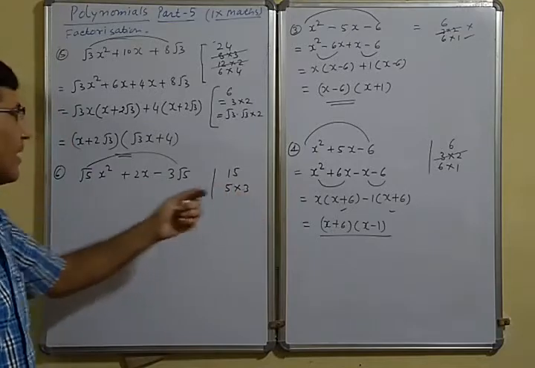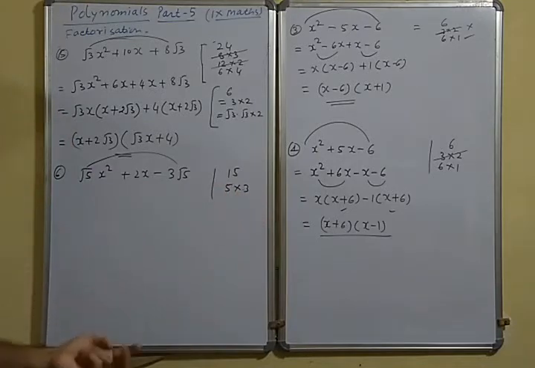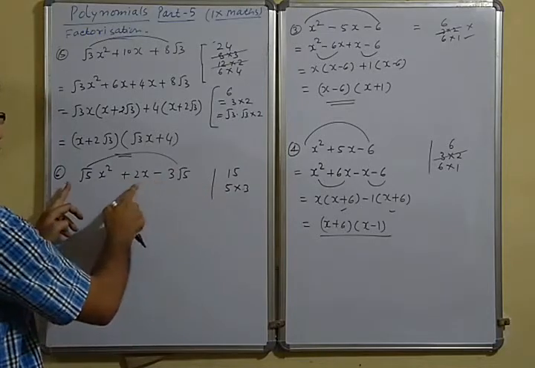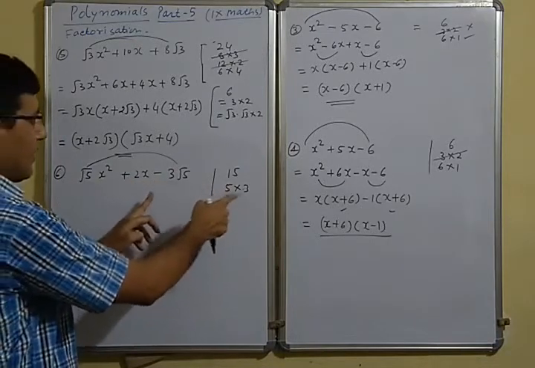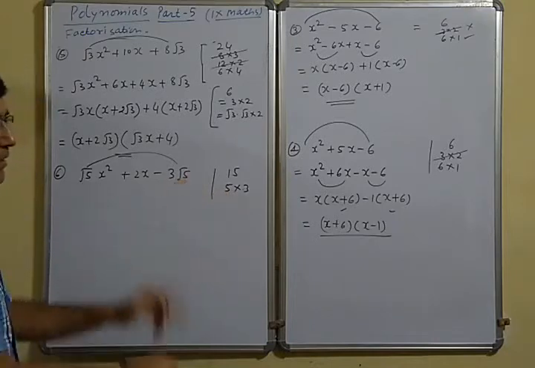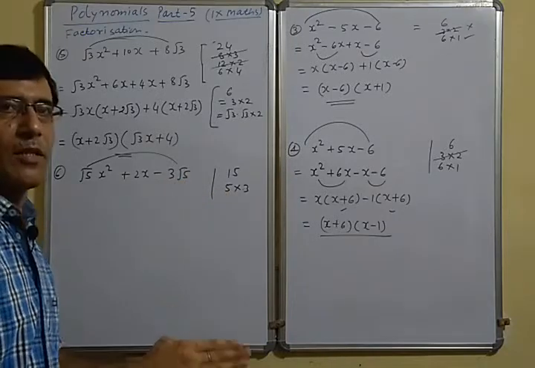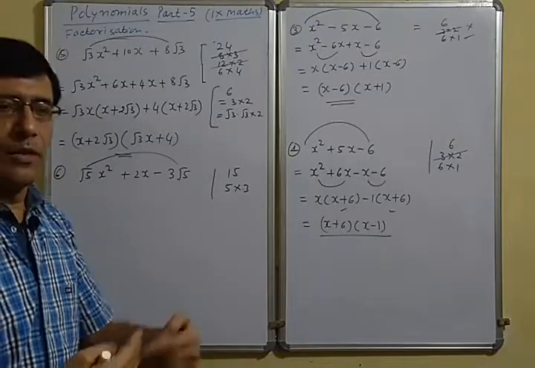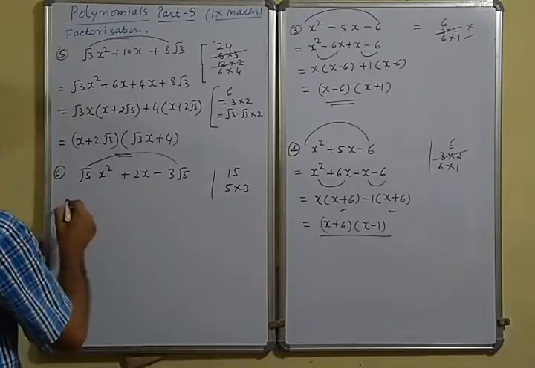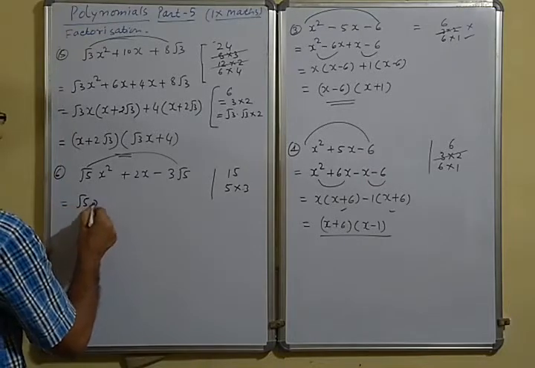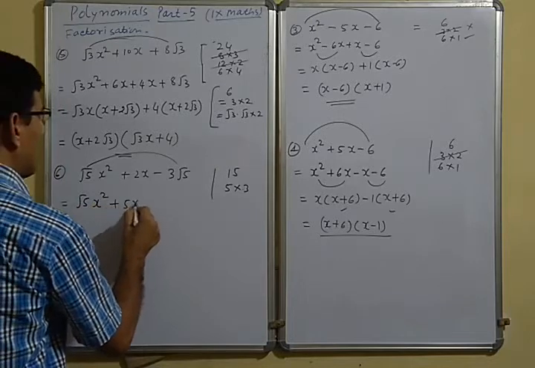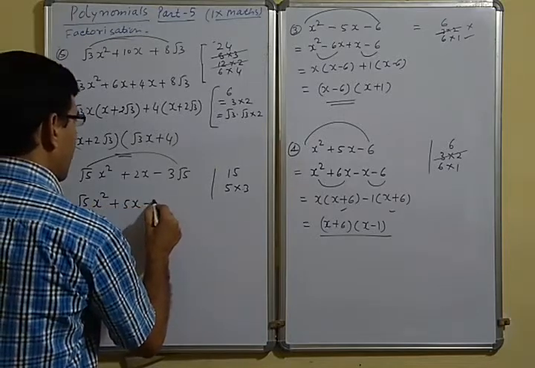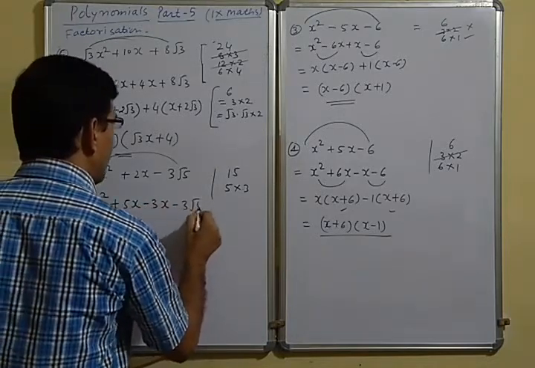So these are four different factors: plus 5 and minus 3, two positive and two negative. So this can be factorized. Now let us see: root 5x square plus 5x minus 3x minus 3 root 5.